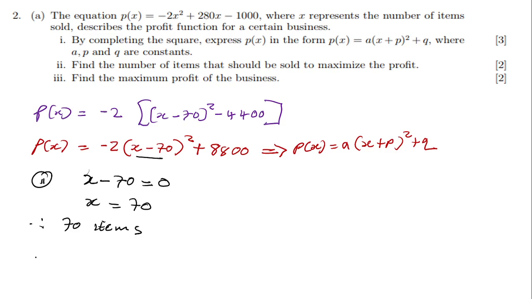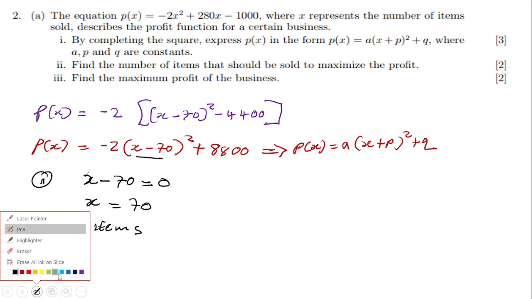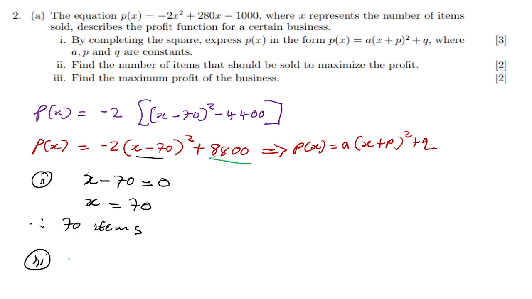Then the last one is find the maximum profit. For the maximum profit, you just get the number which is on the last side. So you write maximum profit is, you just get that number and write it. Remember the unit?